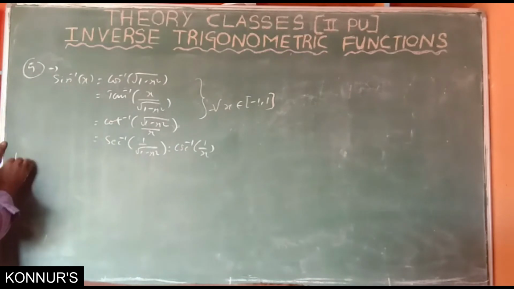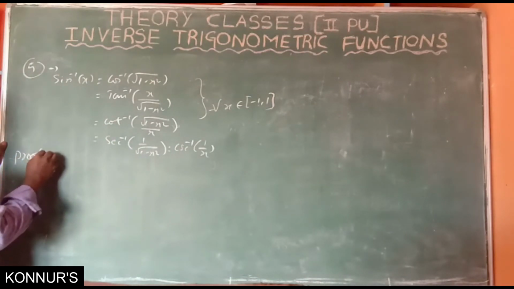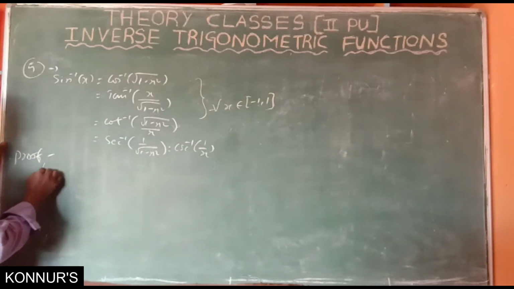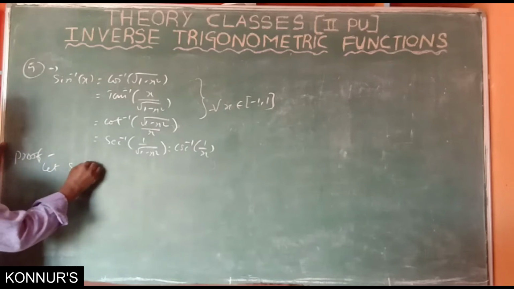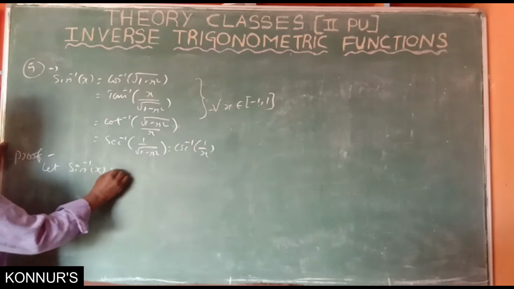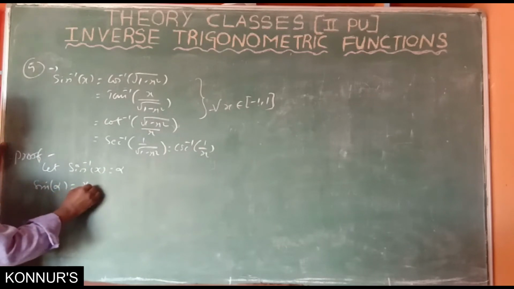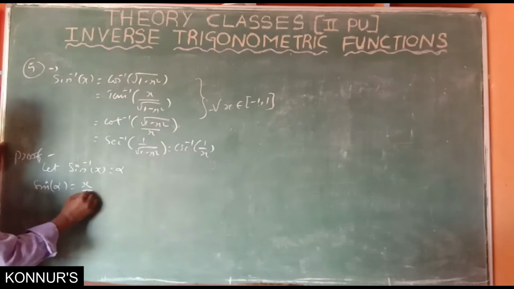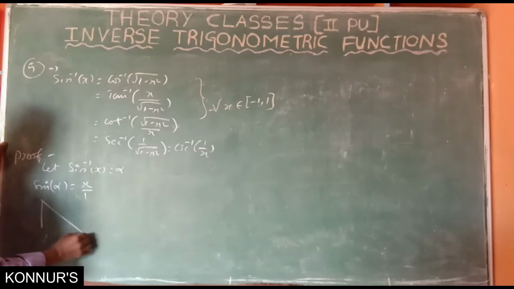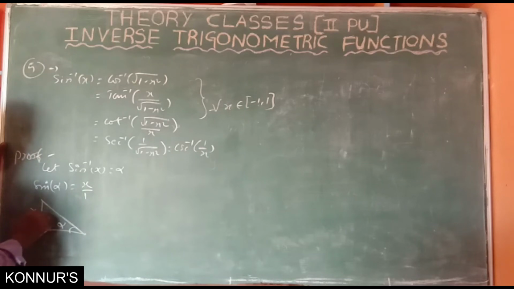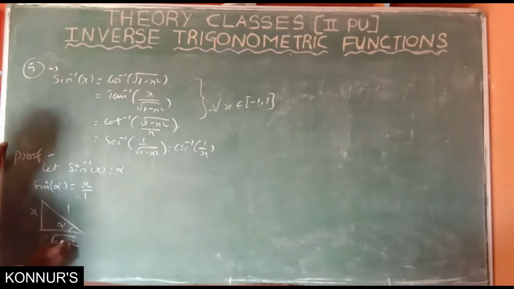Now you see the proof. Let sin inverse x be alpha. Then sin alpha is equal to x, that is x by 1. So by using the triangle and the Pythagoras theorem, the opposite side is x, the hypotenuse is 1, then the adjacent side is root of 1 minus x square.